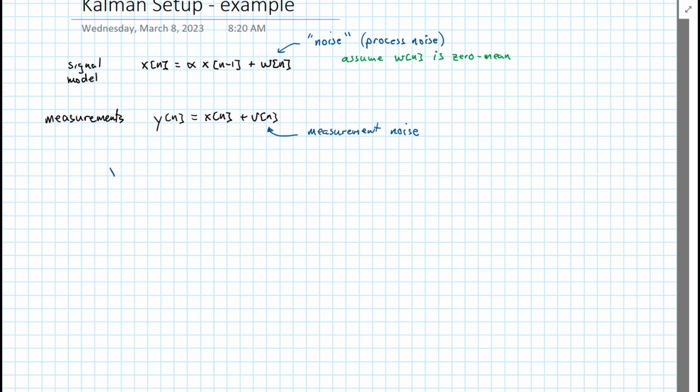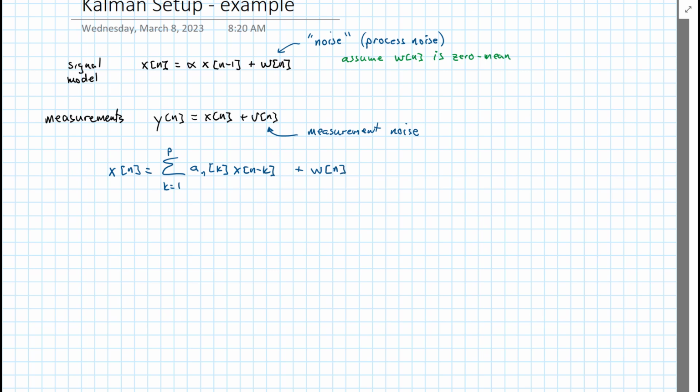We will expand this out to make it a little bit more general, and essentially then x of n is going to be equal to a bunch of previous samples, all plus w of n. So w is not wk, it should be wn. W is not part of the sum.